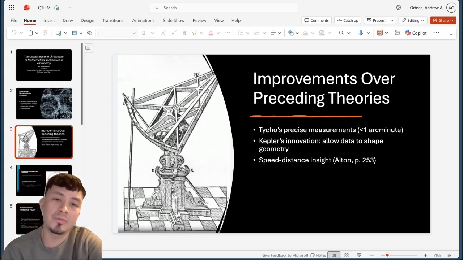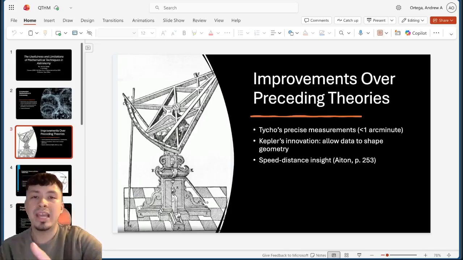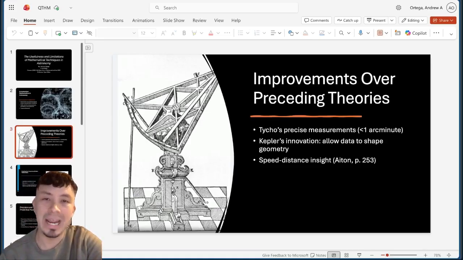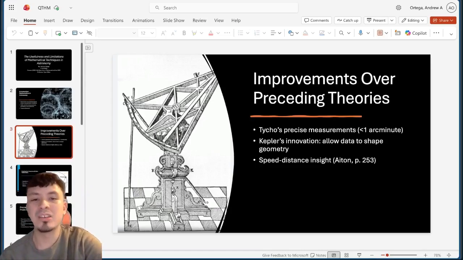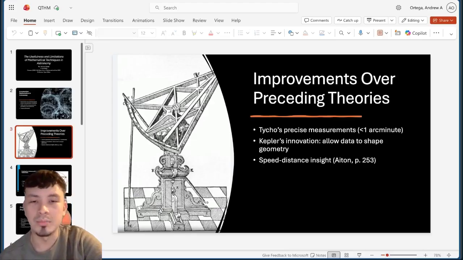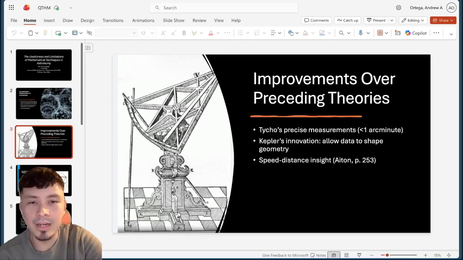So, for example, before Kepler, the most accurate astronomical data came from Tycho Brahe, whose measurements were within a single arc minute, and they were remarkably precise for the pre-telescopic era that they had, right?